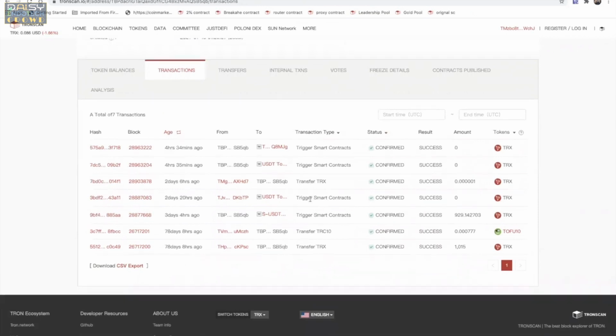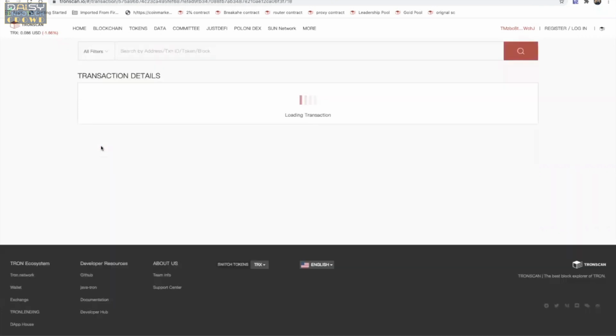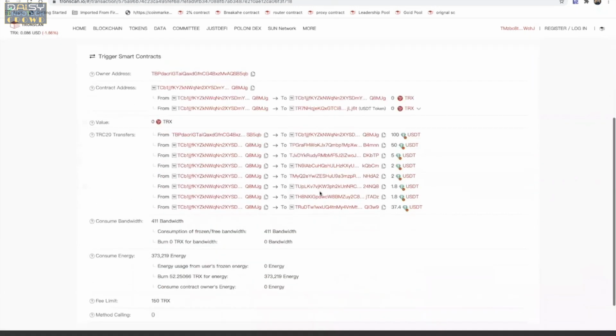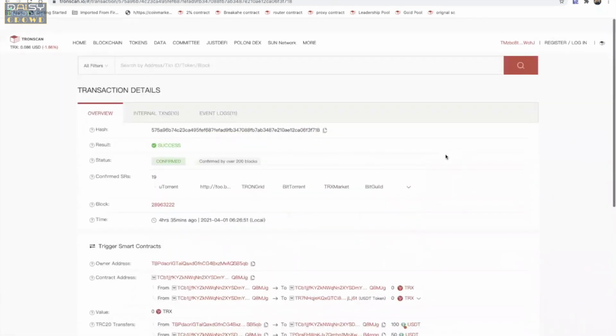That's USDT. Okay, this is it right here. I'm going to confirm it. So we found the issue. I'm going to click here, and this is exactly what we just looked at. Remember? So we found the right transaction.